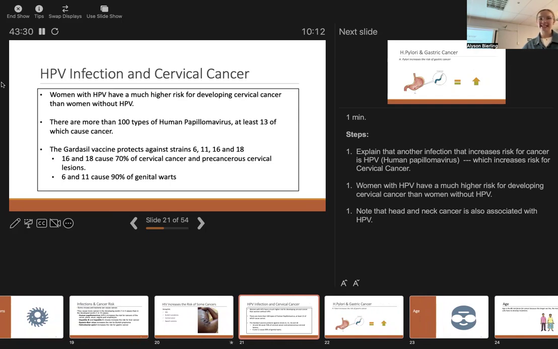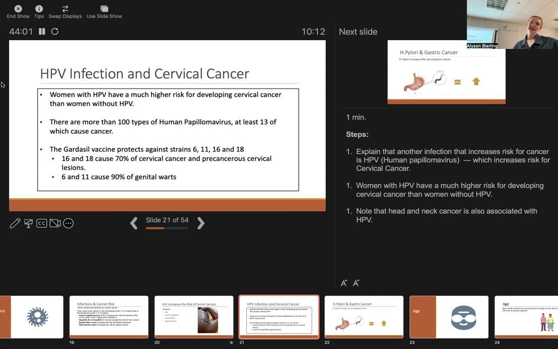And so the Gardasil vaccine, there's a bunch of different types of HPV, more than 100 actually. The Gardasil vaccine, which is the most common vaccine that prevents HPV infection, protects against strains 6, 11, 16, and 18. And 16 and 18 cause about 70% of cervical cancers and precancerous cervical lesions.